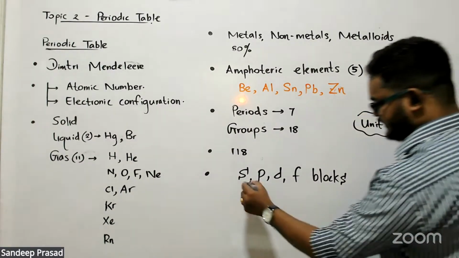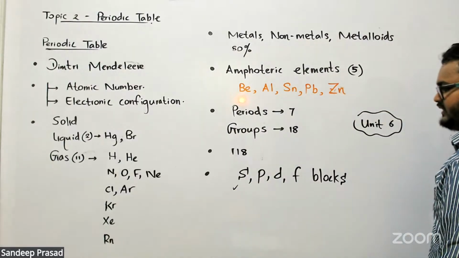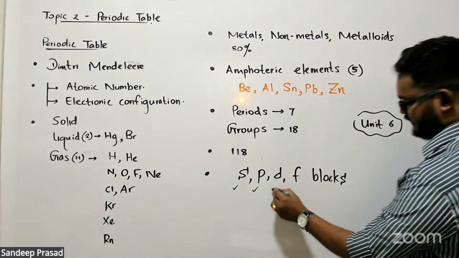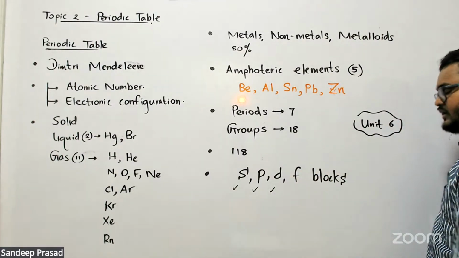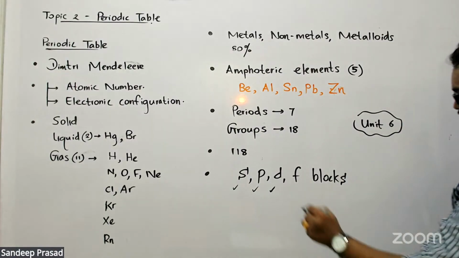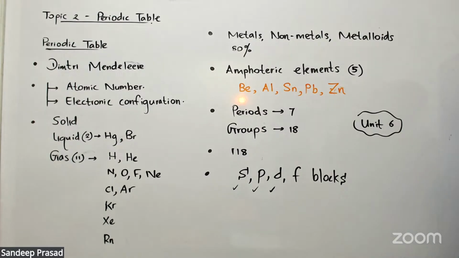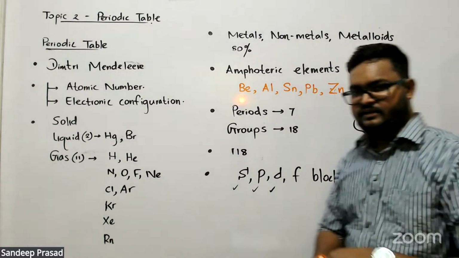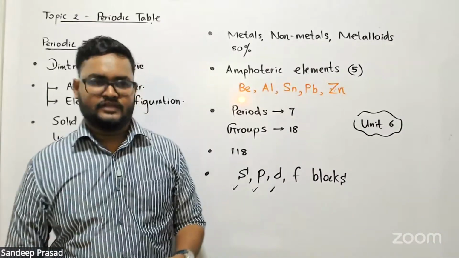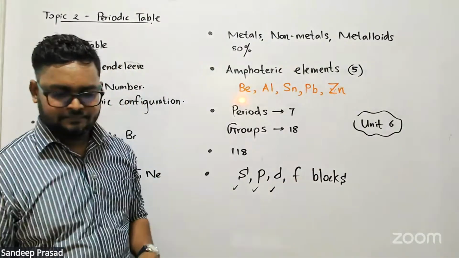We are studying the chemical properties of S block elements and P block elements. And we are choosing 10 elements in the D block, scandium to zinc: scandium, titanium, vanadium, chromium, manganese, iron, cobalt, nickel, copper, zinc.